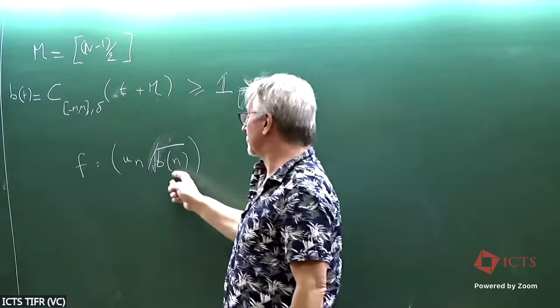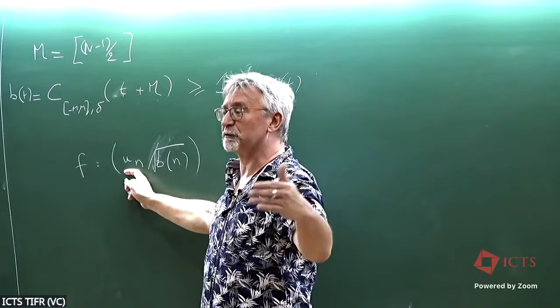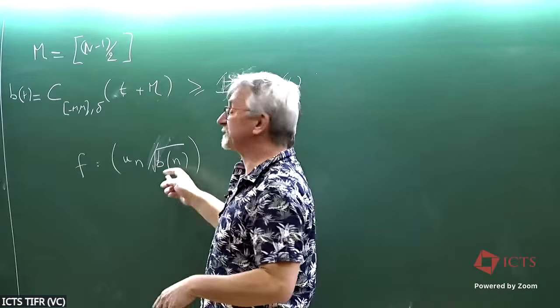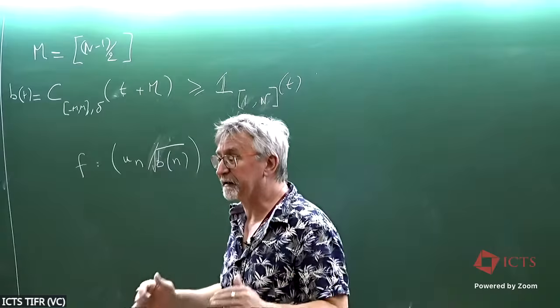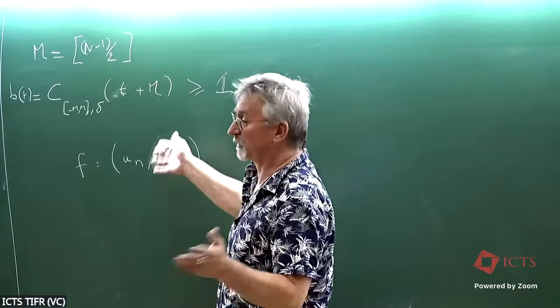So b of n, when u_n is non-zero, the support, b_n is a bit larger than 1. So you divide by something which is slightly less than 1, but you'll multiply by the counterpart.